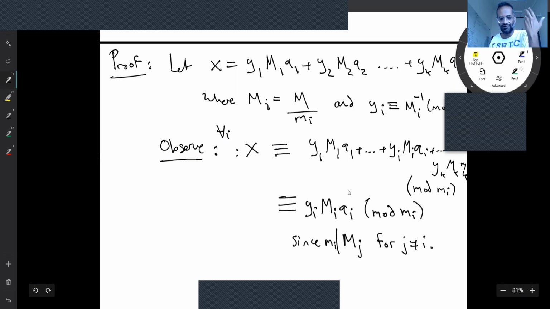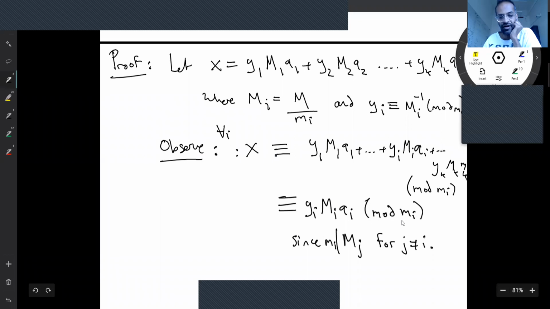It's a product of all the little m's except the ith one. So all the terms vanish except the ith one. Okay, but now I claim that this is actually just ai mod mi. Why is that?